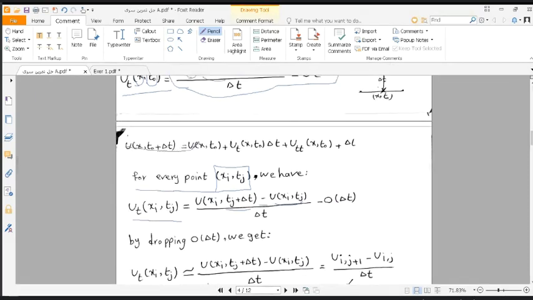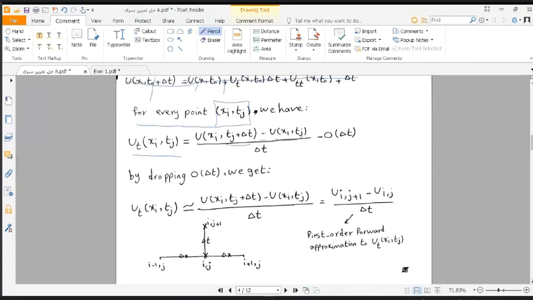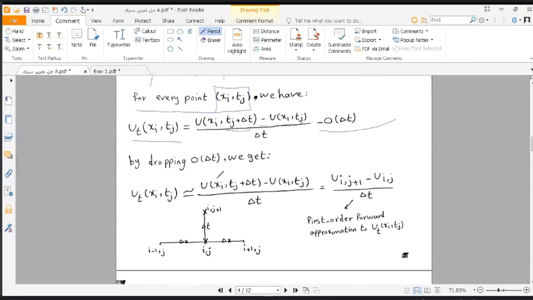By dropping O of delta t, we get an approximation formula: u_t at (xi, tj) is approximated by u(xi, tj plus delta t) minus u(xi, tj) over delta t.